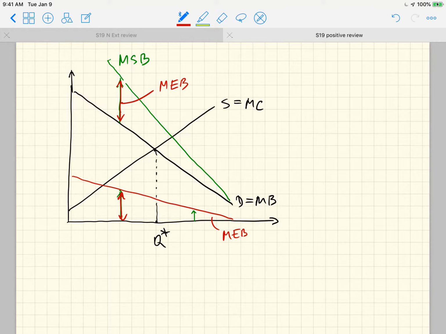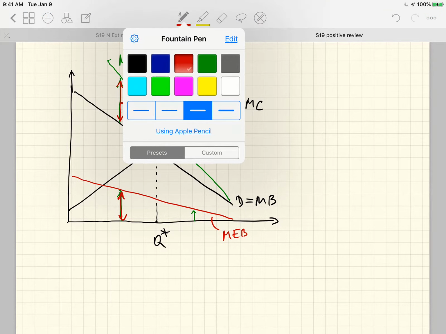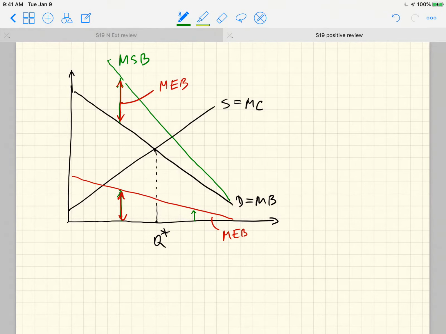All right, so, given this marginal social benefit curve, which we're supposed to use when figuring out the point of allocative efficiency, we can find this point where marginal social benefit intersects marginal private cost. And that's the point of allocative efficiency, which again, as in case of negative externalities, is not the same as the market equilibrium.